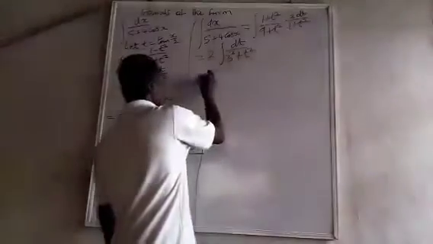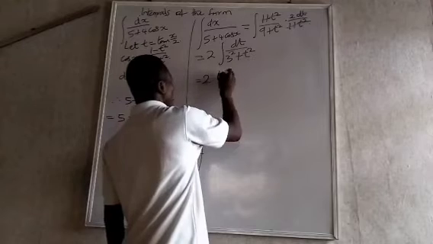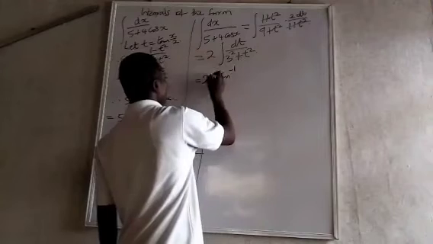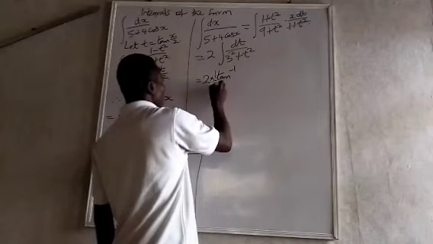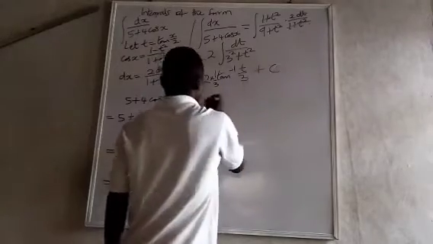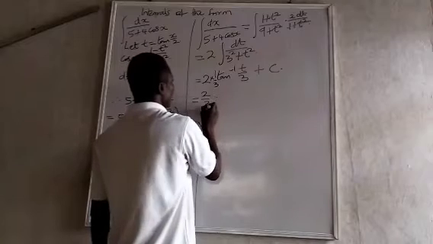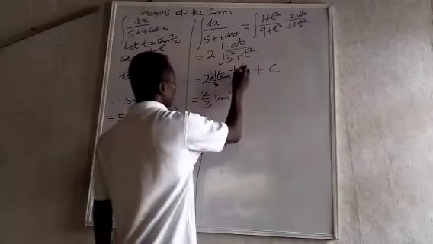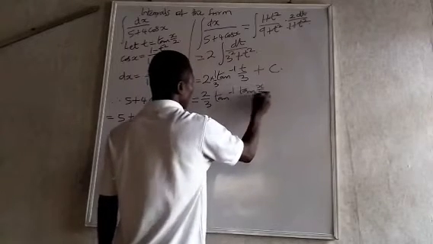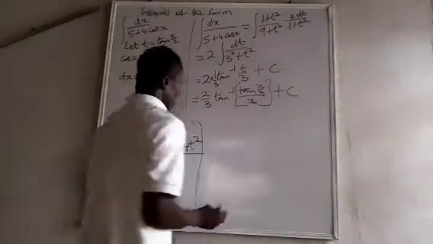So, this is going to give us 2 arctan, no, 1 over 3, yeah, t over 3 plus c, which is going to give me 2 over 3 arctan tan x over 2 over 3 plus c. So that's the answer.